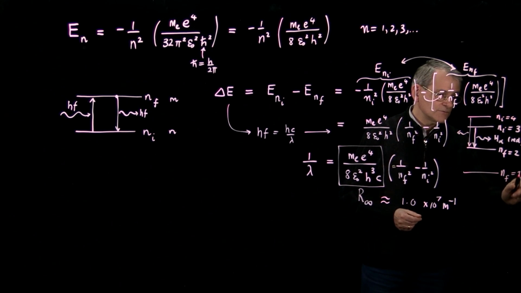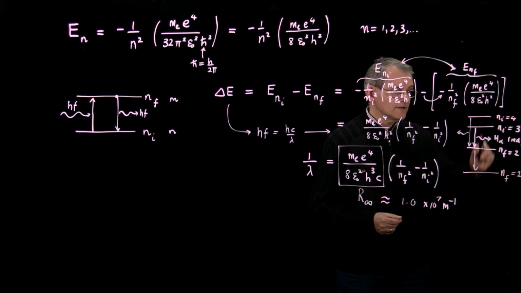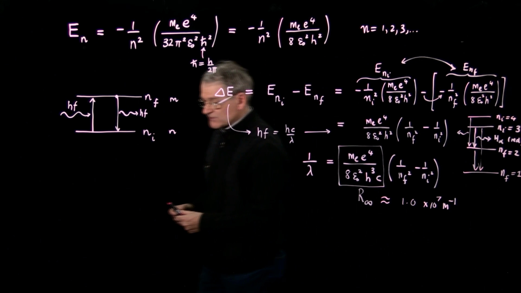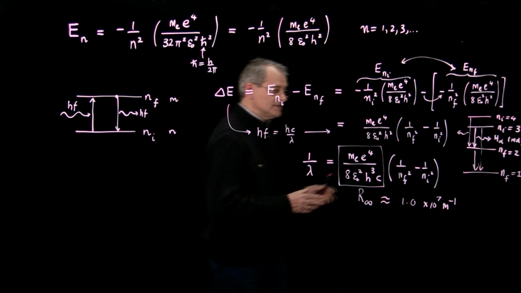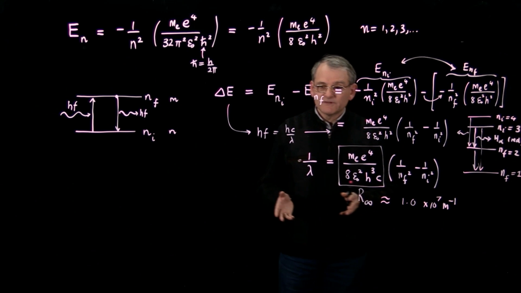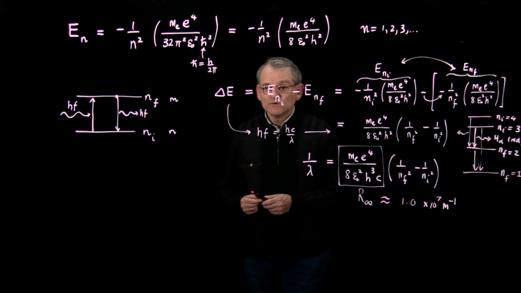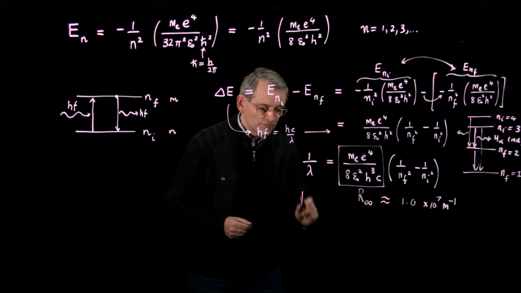If the final state was 1, then you can get transitions, for example, from here to here, from here to here. These give off photons in the ultraviolet part of the spectrum corresponding to the Lyman series. So in this third part, we've taken all of the bits that we've developed in the previous two videos, and we've assembled them to get this Rydberg formula.